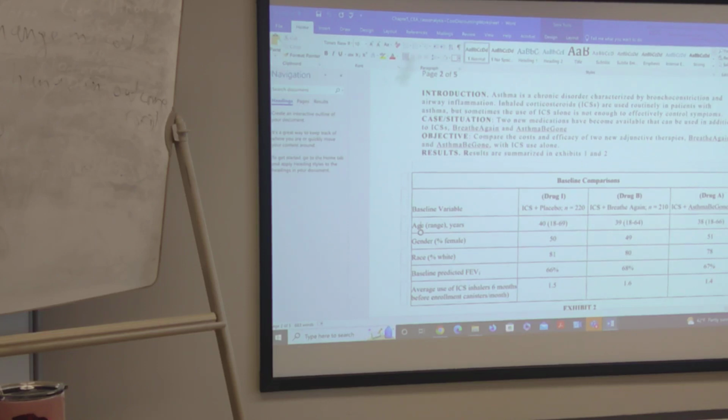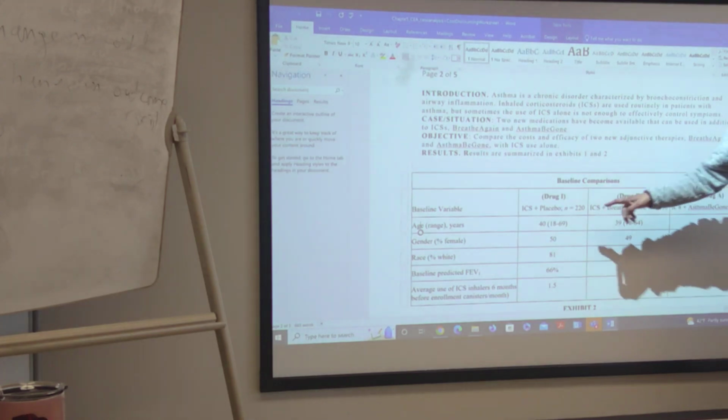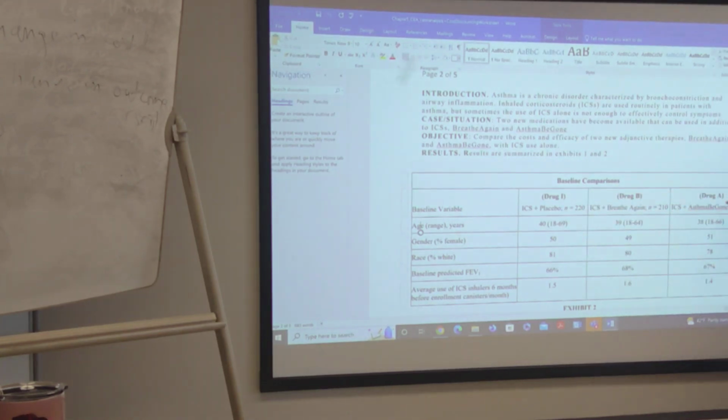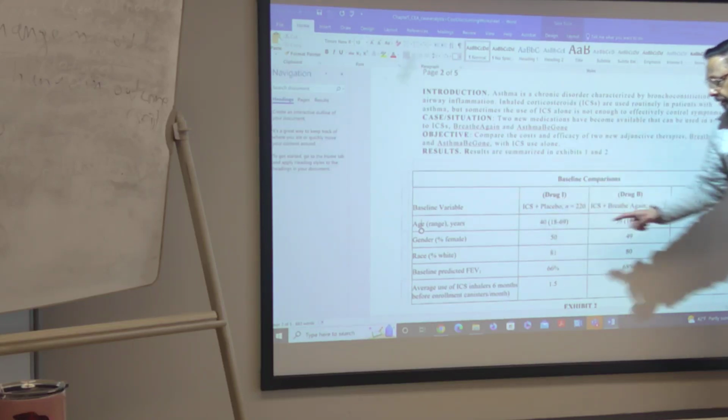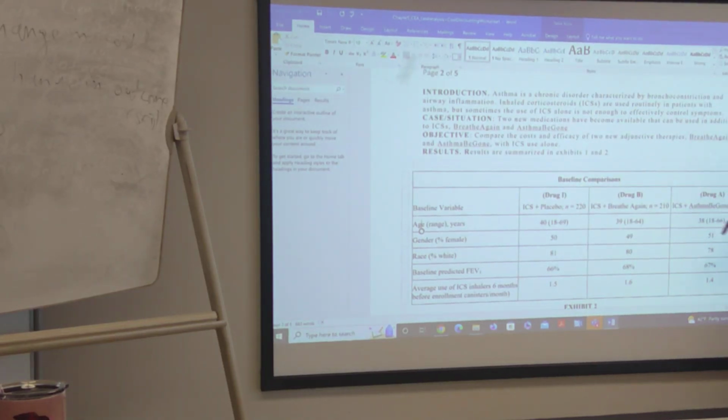And the third treatment plan is ICS and Asthma Be Gone. That's treatment A. So ICS is there, that's why they're giving a placebo. When it's randomized, you don't know whether they're getting Breathe Again, Asthma Be Gone, or nothing but a placebo, right? All of them are getting ICS, but they don't know which of these groups they're in, I, B, and A.